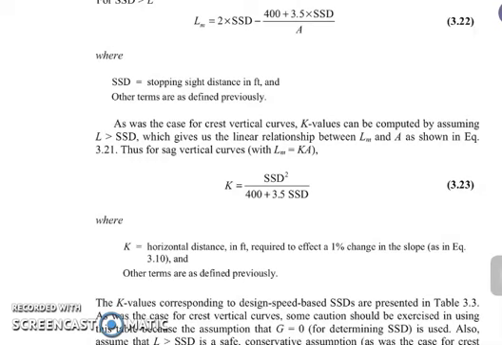We have to take note that K is the horizontal distance that is required to effect a 1% change in the slope.